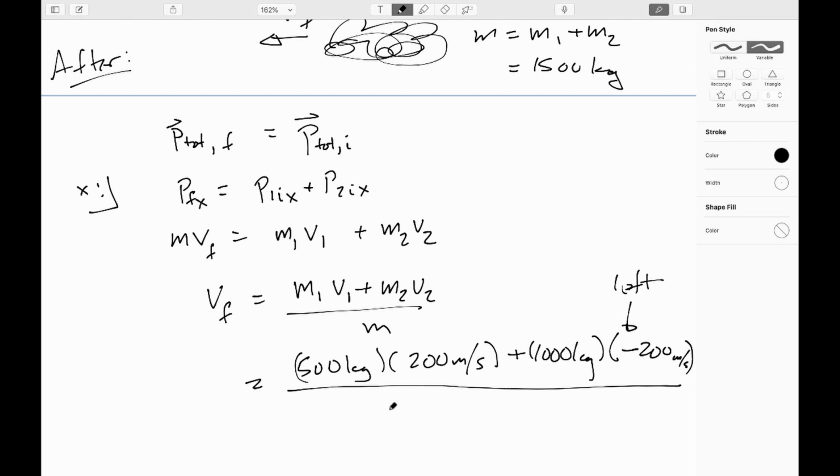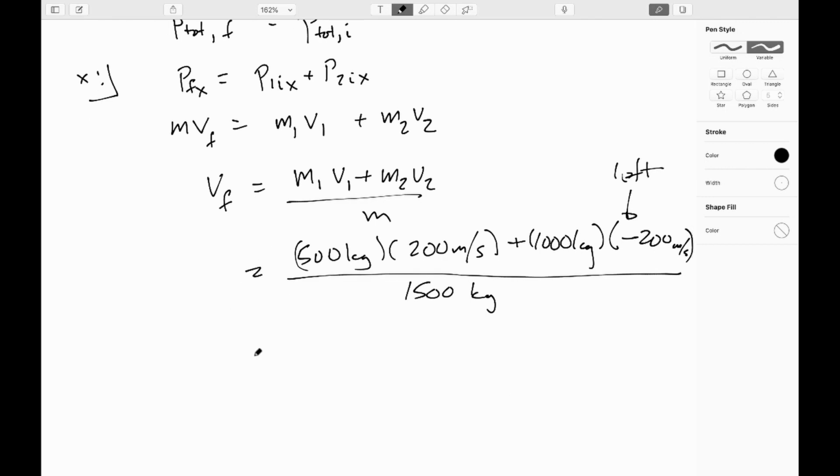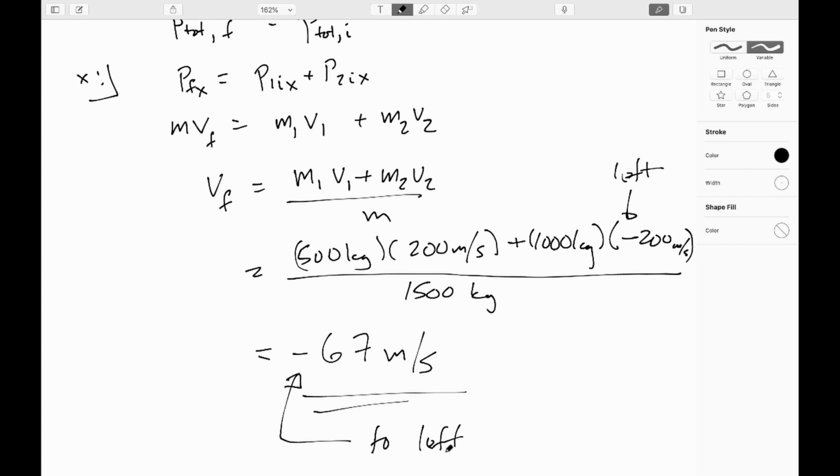And we'll divide that all by 1,500 kilograms. So, alrighty, that's going to be 1/3 of a 200. Yep. That will get you negative 67 meters per second. And again, we interpret the negative as meaning that the twisted mass of metal at the end is also heading off to the left after the collision.